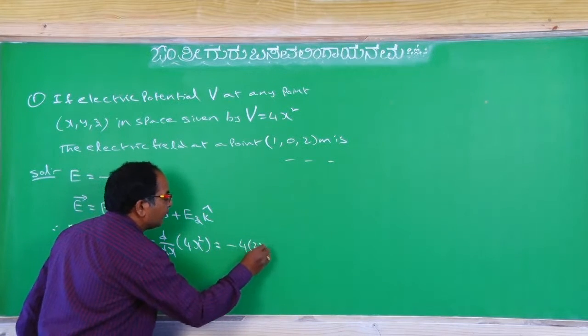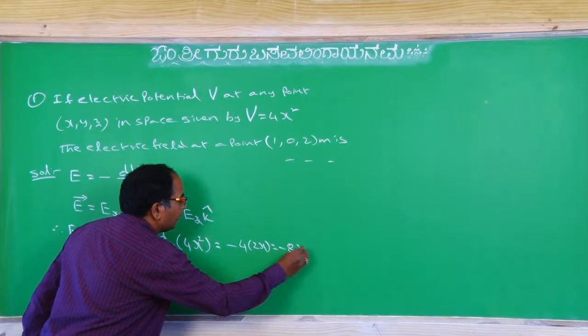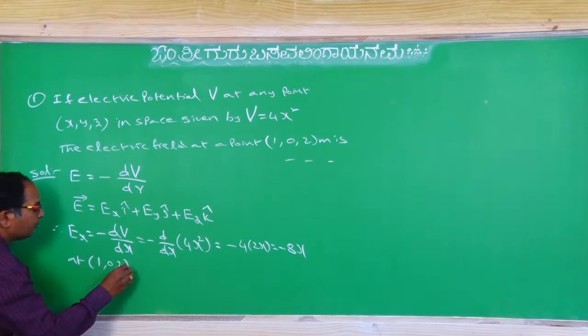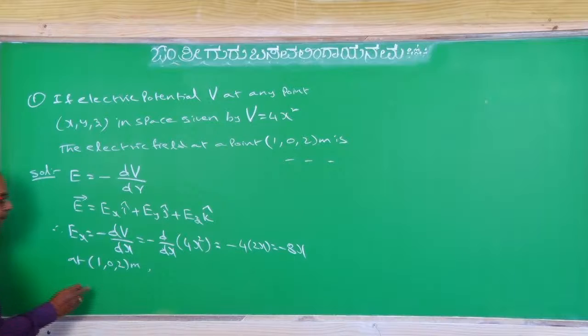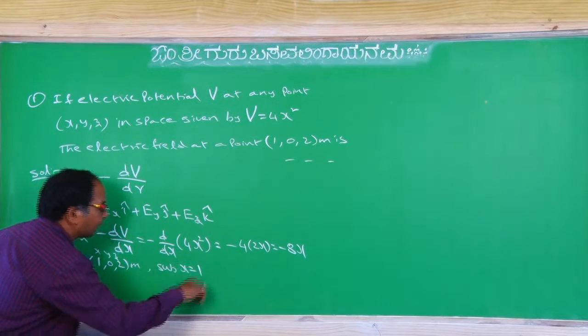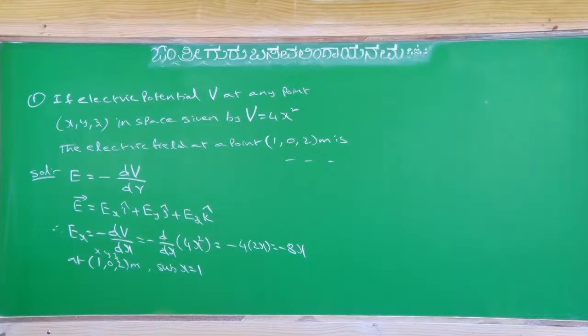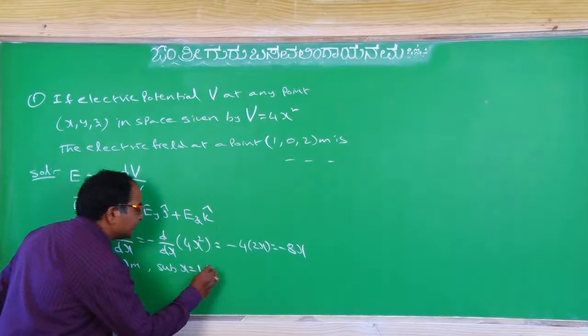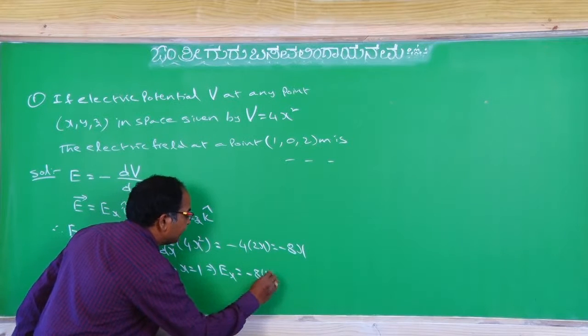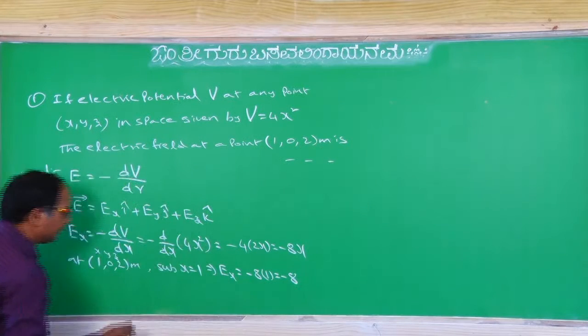So 4 into 2x is equal to minus 8x. Here at point 1, 0, 2 meter, this is x, this is y, this is z. So substitute x is equal to 1. Ex is equal to minus 8 into 1, that is minus 8.